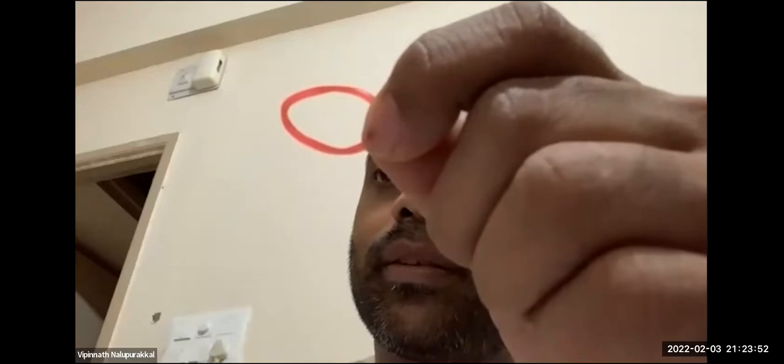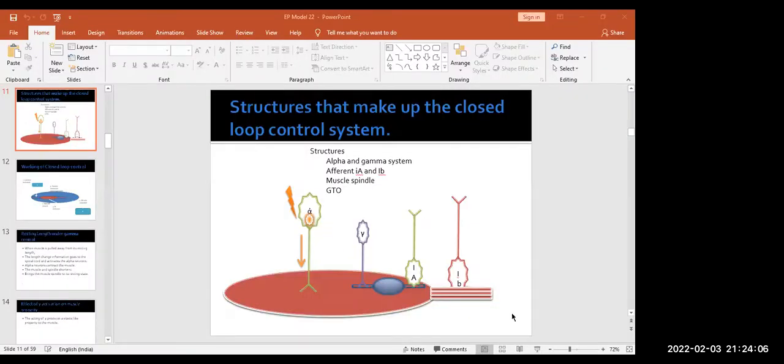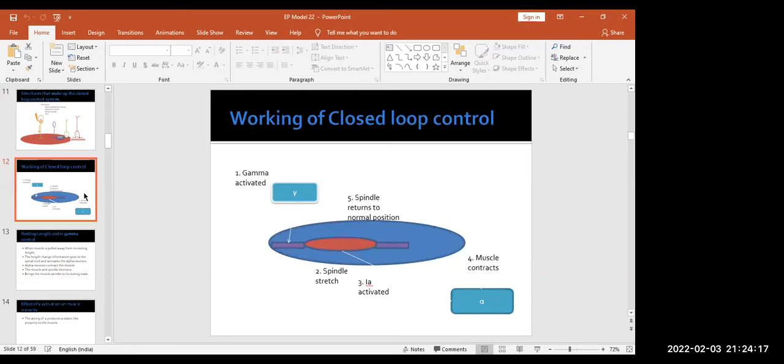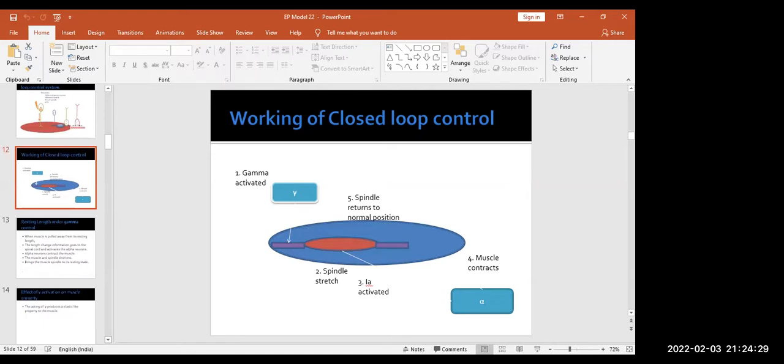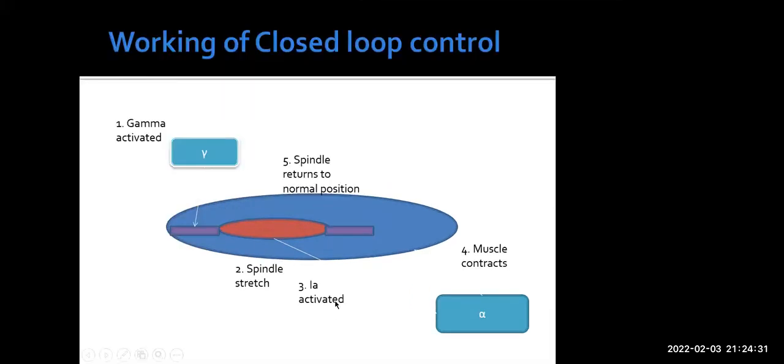So now, because of this particular nature, that's what we saw as the model of control, right? This closed loop control actually brought in and it had converted the muscle into a rubber band.